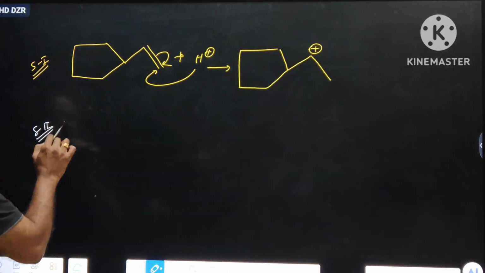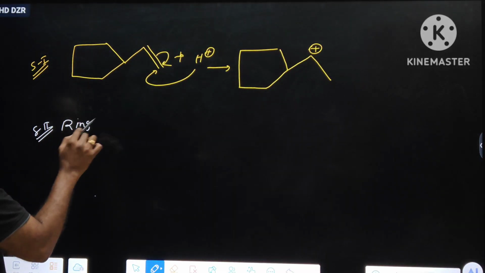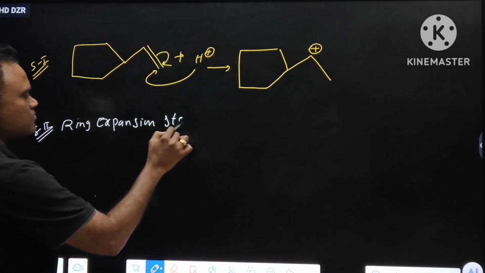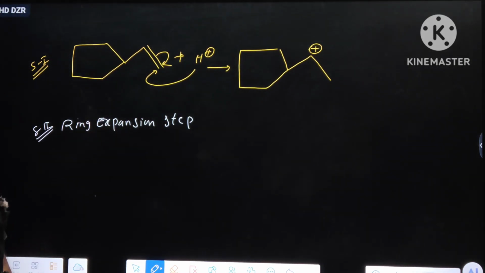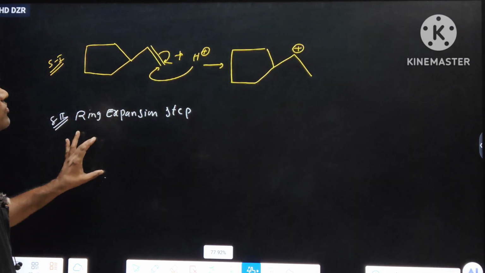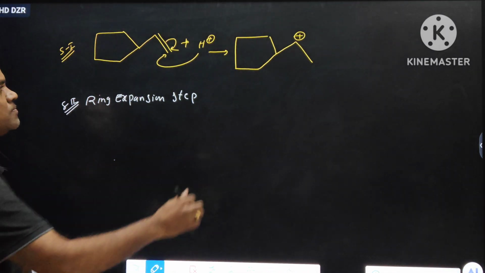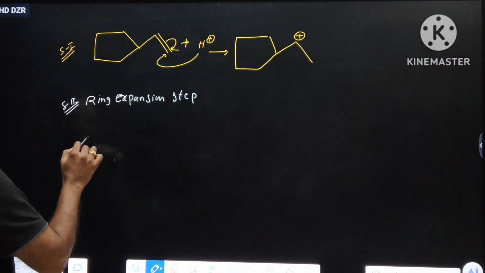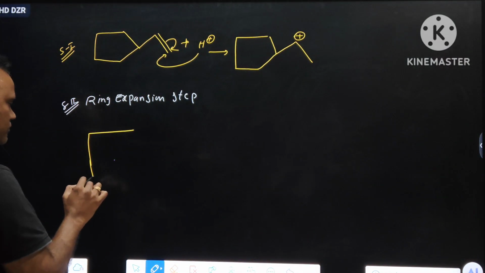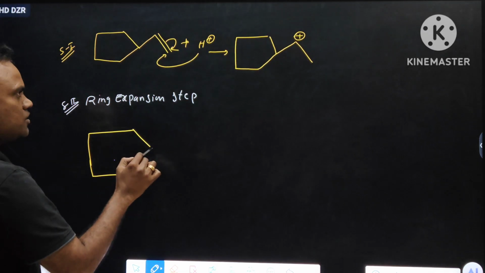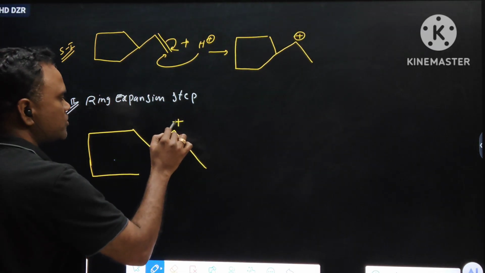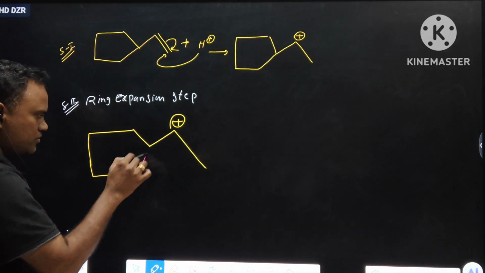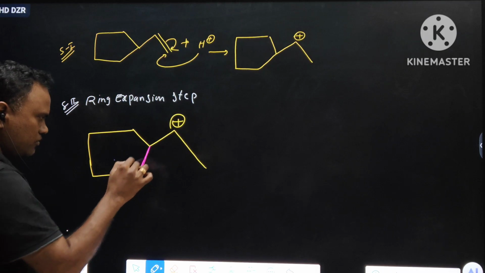I am taking this and giving it the name ring expansion step. Take this carbocation. Meenakshi, stop writing and look at this pink color bond.